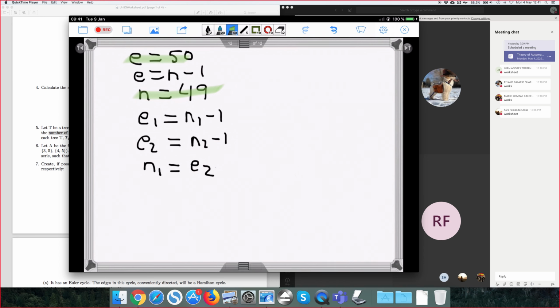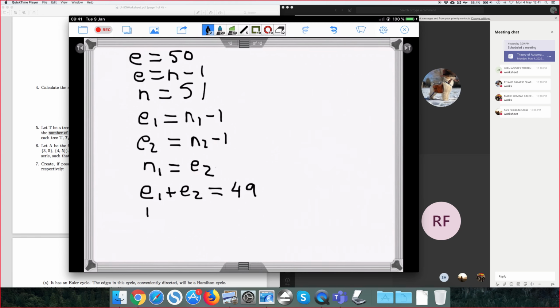In addition to this information, we also know that the number of edges of the first tree plus the number of edges of the second tree is 49, because the number of edges is one less than we had at the beginning, since we have removed an edge.